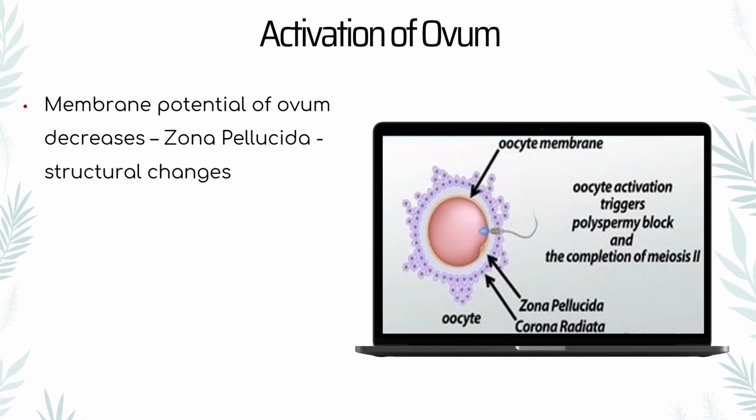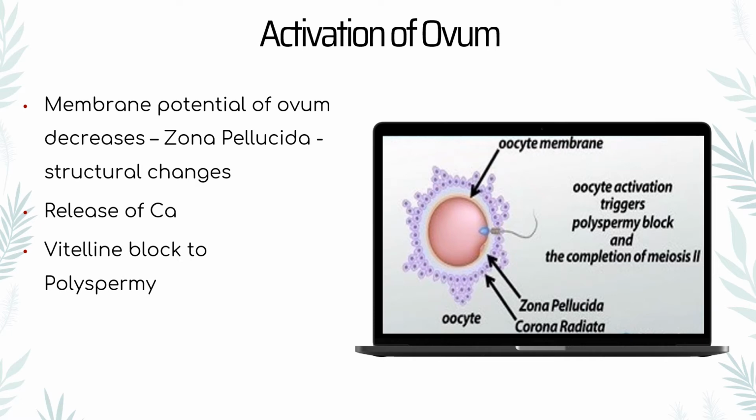So the fusion of the membranes of the gametes leads to the ovum activation, which involves the membrane potential of the ovum decreasing, which is followed by some structural changes in the zona pellucida, and then the release of calcium from the intracellular ovum reserve that leads to exocytosis of the cortical granules, which are present near the oocyte membrane, into the perivitelline space.